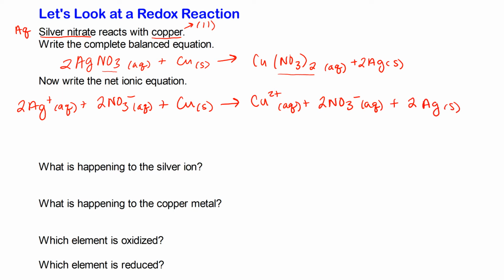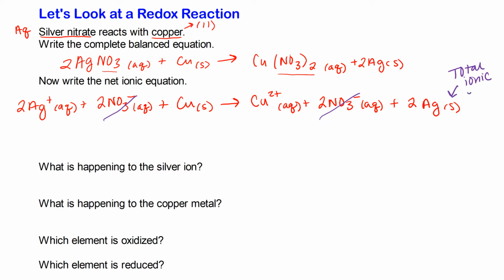So when I take a look at this, the only spectator ion here is going to be the nitrate. So we're going to go ahead and remove the nitrate and write what we're looking at here, remember, this is what we call the total ionic equation.